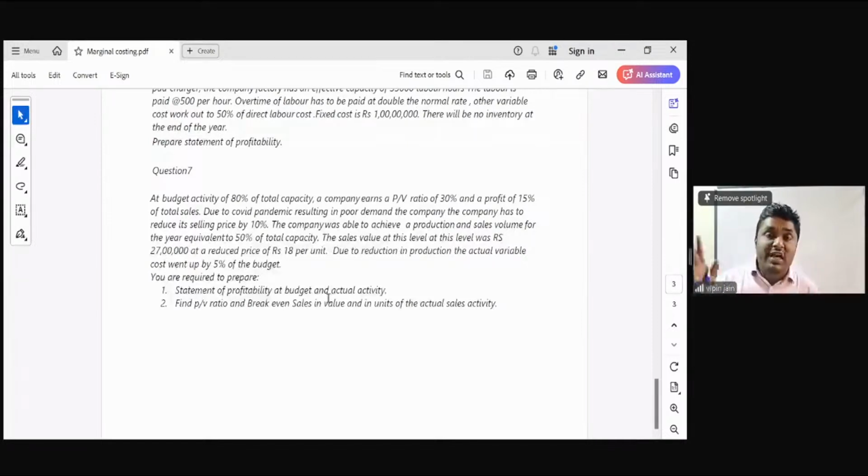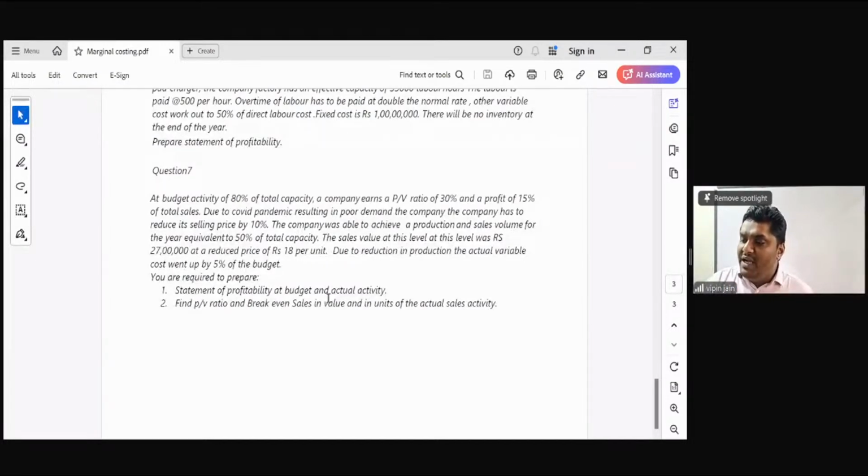Further, instead of 80% that we targeted, my current actual capacity is only 50%. Further, the sales value at this level was rupees 27 lakh at a reduced price of 18 per unit. So when talking about actual sales, it is 27 lakh and the actual selling price is rupees 18 per unit.